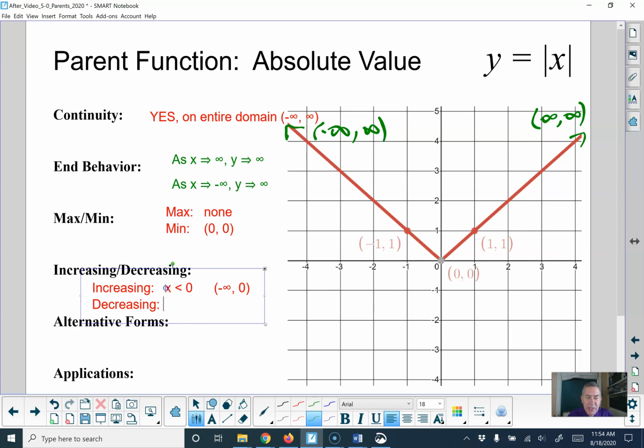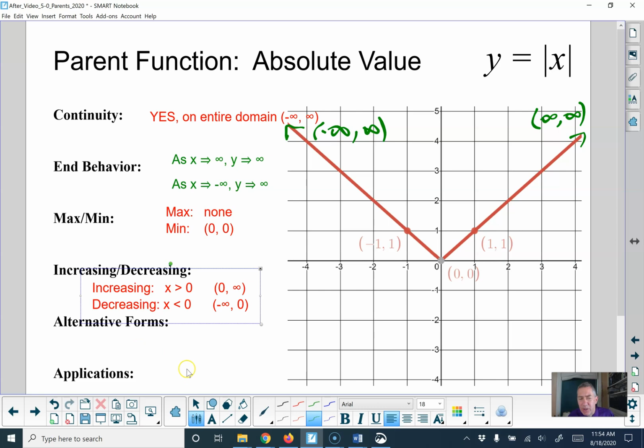It is increasing when x is bigger than 0, also known as the interval from 0 to infinity. Make sure you get that right in the way that I did not get it right. So we're good. Increasing when x is positive, decreasing when x is negative. It's coming down, it's going up.